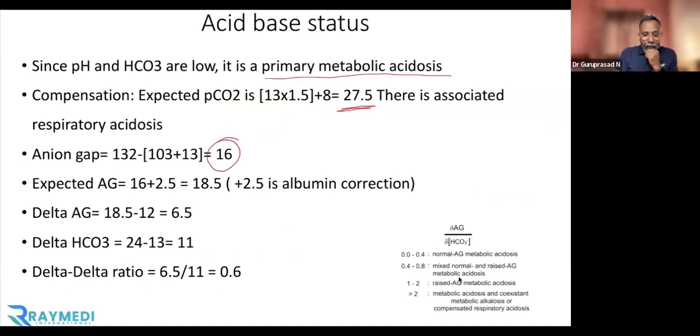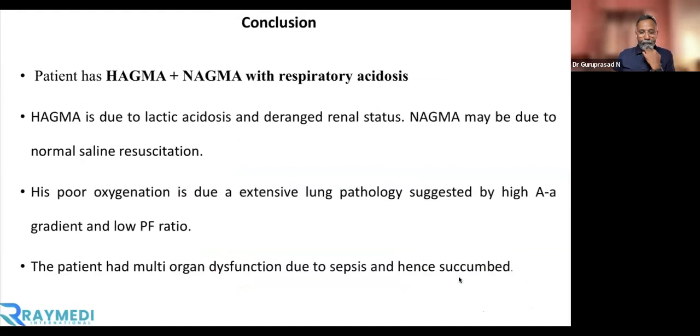The albumin-corrected anion gap is 18.5. Then the delta anion gap is 6.5, and the delta bicarb is 11. So the delta ratio is 0.6, pointing towards both NAGMA and HAGMA. So here what we can interpret is it is a normal anion gap metabolic acidosis and a high anion gap metabolic acidosis associated with respiratory acidosis too.